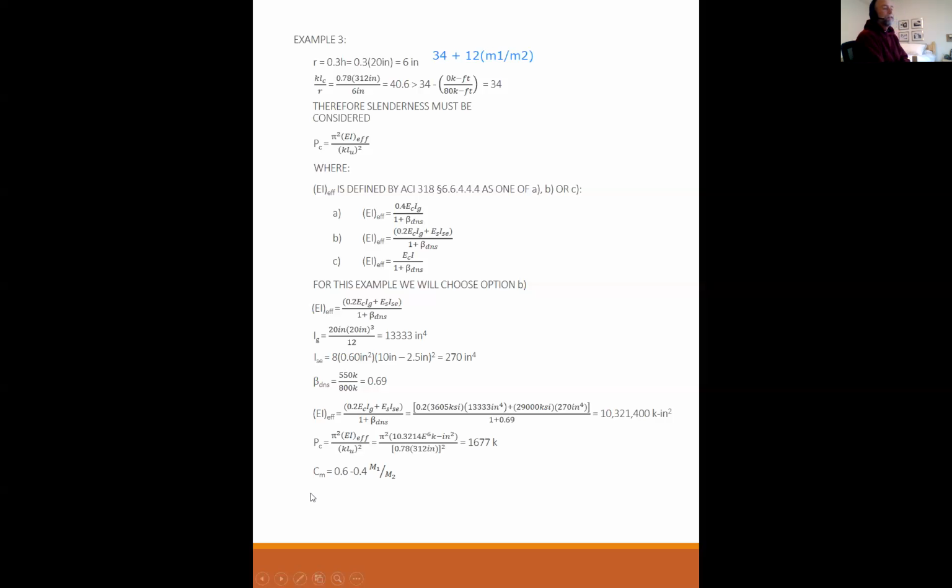Okay, so now we need to find our moment gradient. Cm is defined as 0.6 minus 0.4 M1 over M2, which is 0.6 minus 0.4 times 0 over 80. We get 0.6.